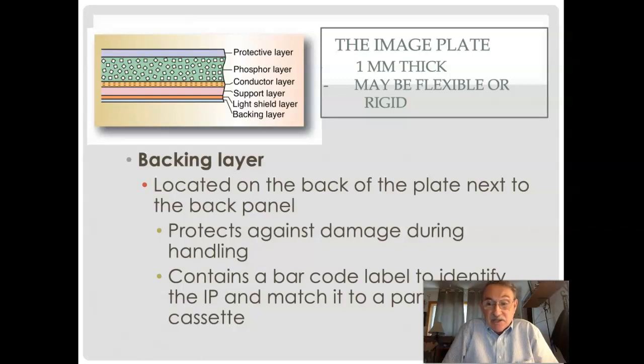Additionally, from another video, we're going to identify the lookup table, or how we want that individual cassette to be processed so that it looks like a lateral chest as opposed to a PA chest, as opposed to an oblique hand, as opposed to a scapular Y shoulder. So all of that is on that backing layer, and an important aspect of this is the barcode label to identify the image plate.